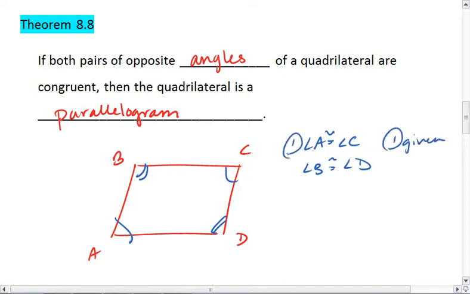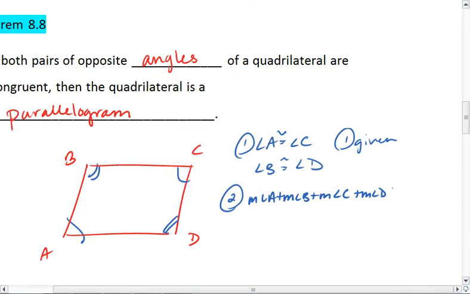We could draw in another line. Or actually, I'm going to go about this a little bit of a different way. We know that the sum of our angles, so the measure of angle A plus the measure of angle B plus the measure of angle C plus the measure of angle D equals 360 degrees.